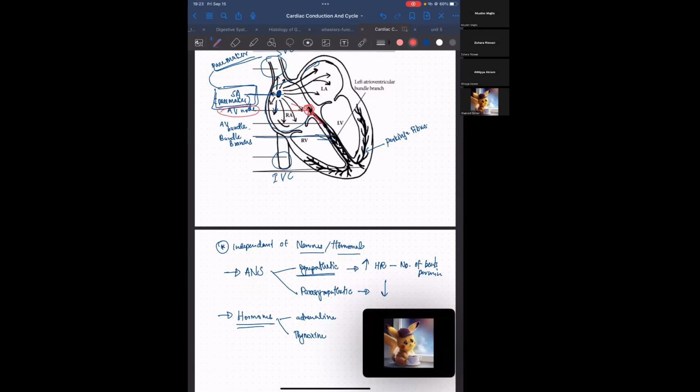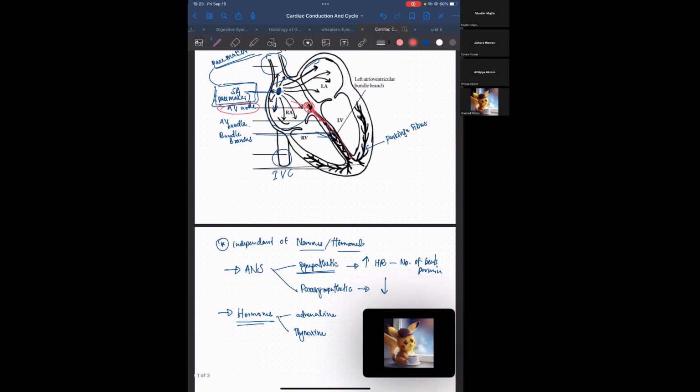Then the impulse will go through the bundle branches. It will divide into the left bundle branch and the right bundle branch. This is the common bundle, or you can call it the bundle of His. The impulse will travel through the left and right bundle branches, and through the Purkinje fibers to the myocardium in the ventricles.